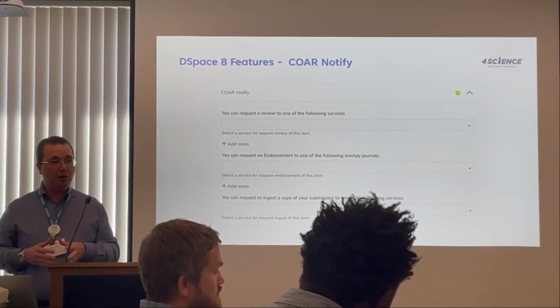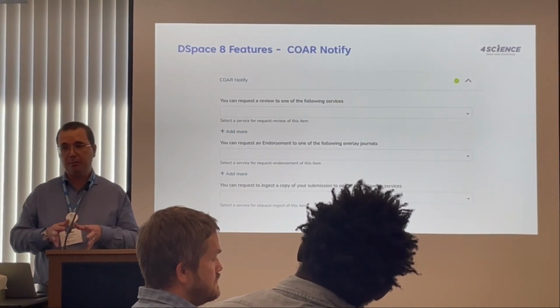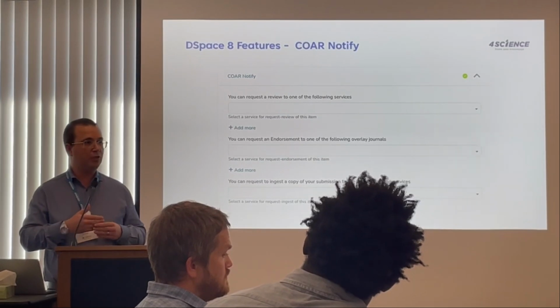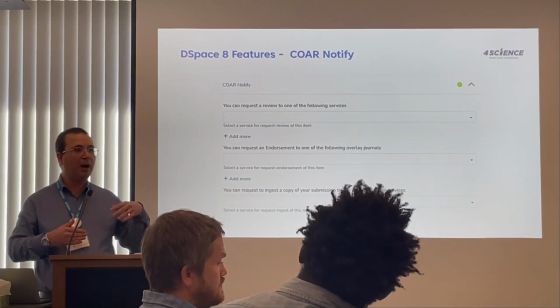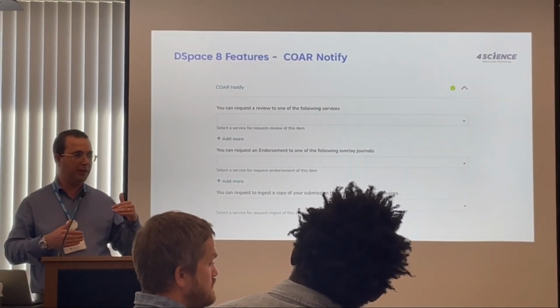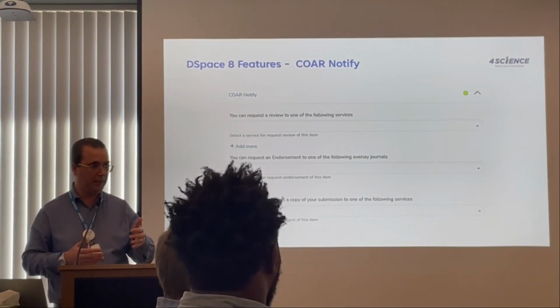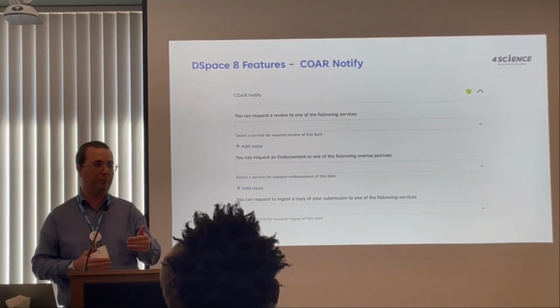During the submission, you have a submission step that you can enable that will allow your researcher to pick one of the services that you have registered to request a service. So essentially to request an open peer review.